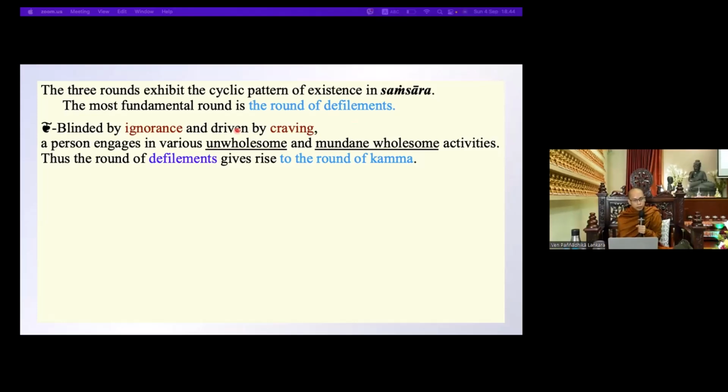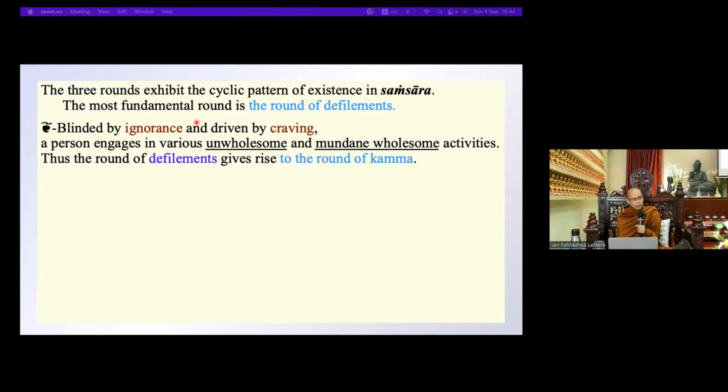Ignorance makes one blind, so one cannot see the truth. Not seeing the truth, one becomes blinded. And craving is a drive to attach.